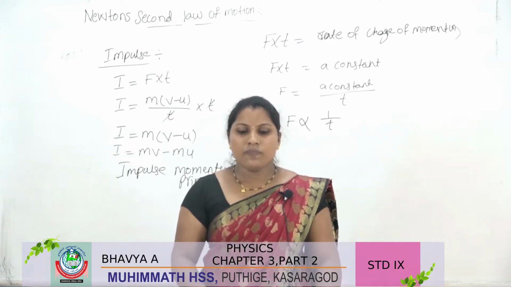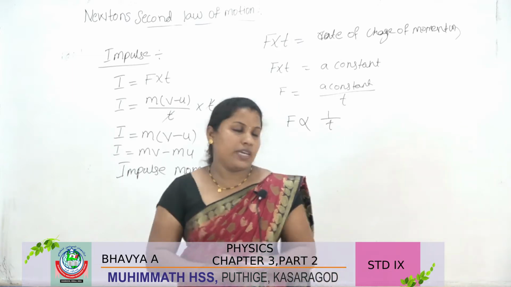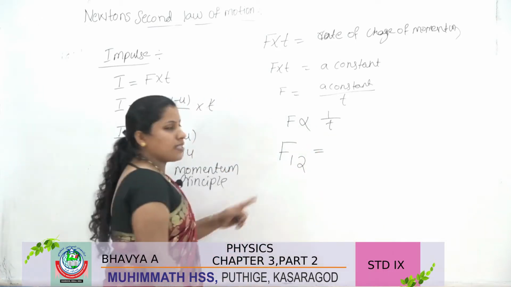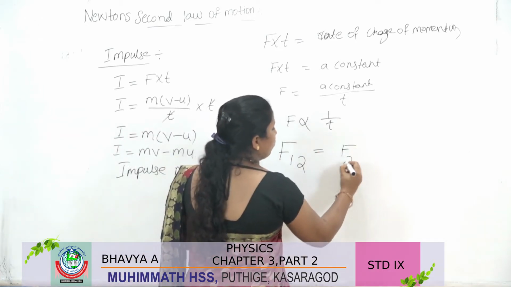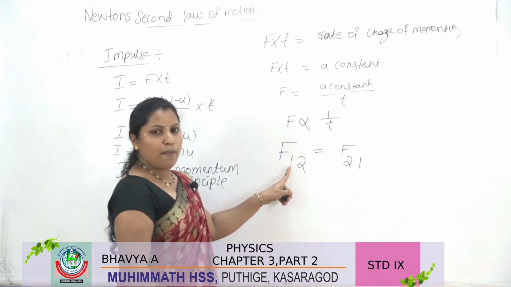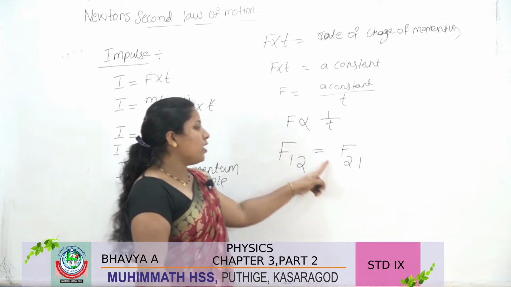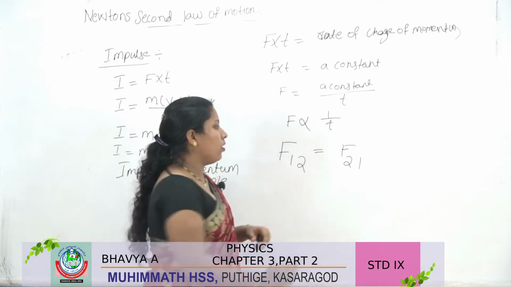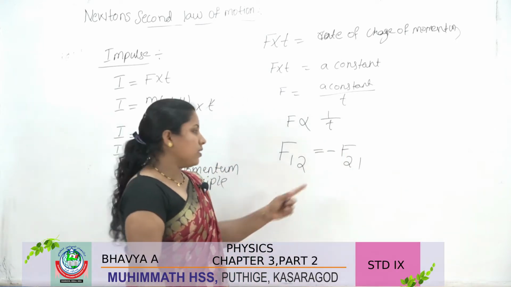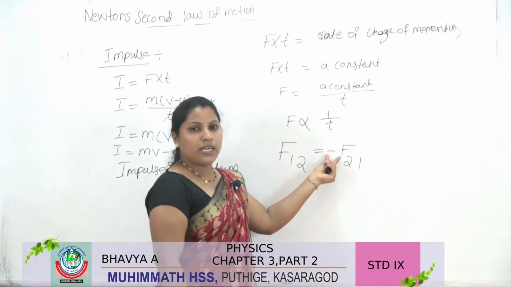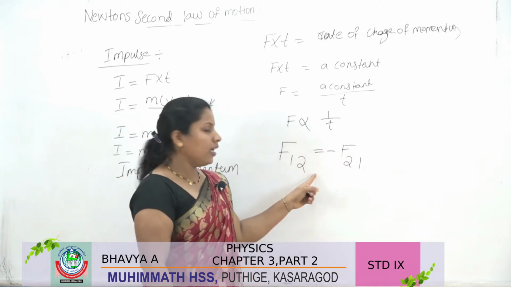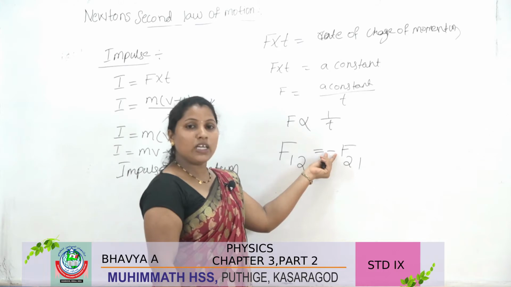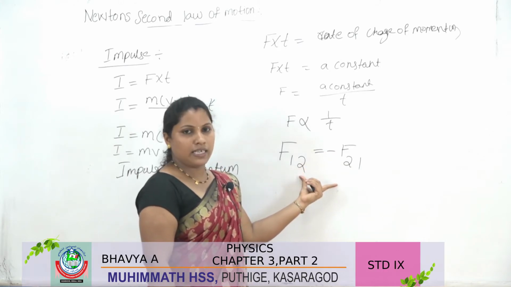If body 1 applies a force F12 on body 2, it is equal to the force body 2 applies on body 1, but with a negative sign, because it is in the opposite direction. So we write a negative symbol here. These two forces do not cancel each other, since the negative symbol only indicates the opposite direction.